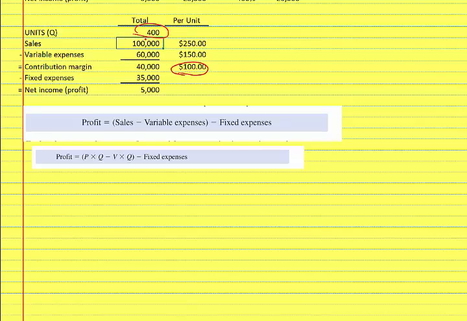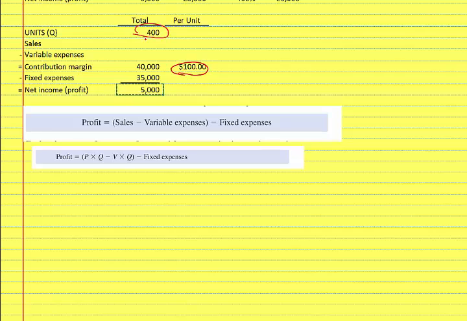So let me get rid of those four items and drop back in my contribution margin per unit of $100. And so now I'm going to say 400 units times $100 in contribution margin per unit to compute contribution margin directly. 400 times 100 is 40,000 in contribution margin, and then minus my 35,000 in fixed expenses gives me net income or profit of 5,000.